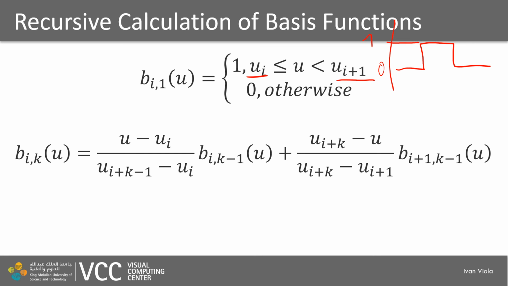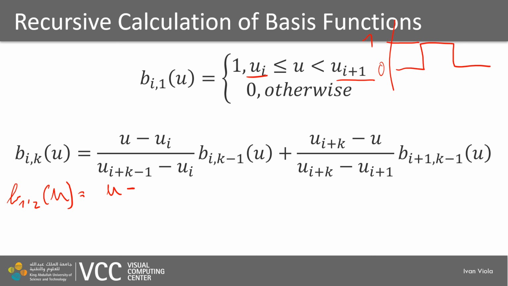So if we have our case, which is B_1,2(u), which is equal to, and let's consider our uniform B-splines, so the knots will be at nice integer locations.